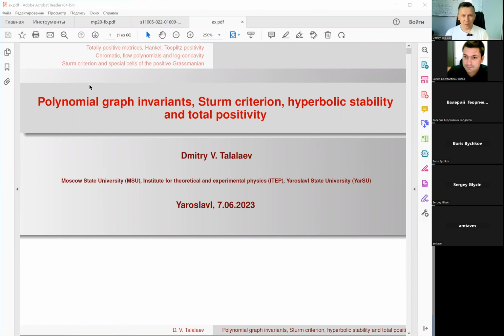So my principal aim of this talk is to try to find some generalizing ideas why the positivity property is so important in such different topics. Okay.